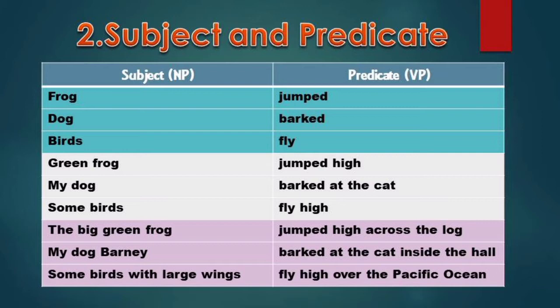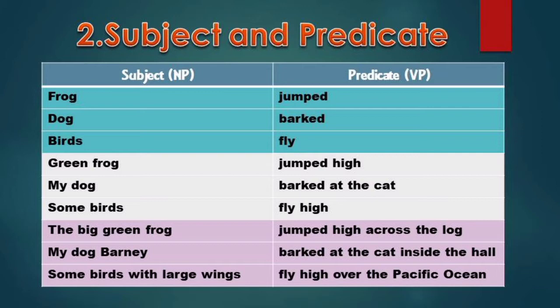So we are expanding the subject and predicate in the next table. See that green frog. The frog became green frog. Green frog jumped high. Here the subject is green frog and the predicate is jumped high. Next, see the dog, my dog.